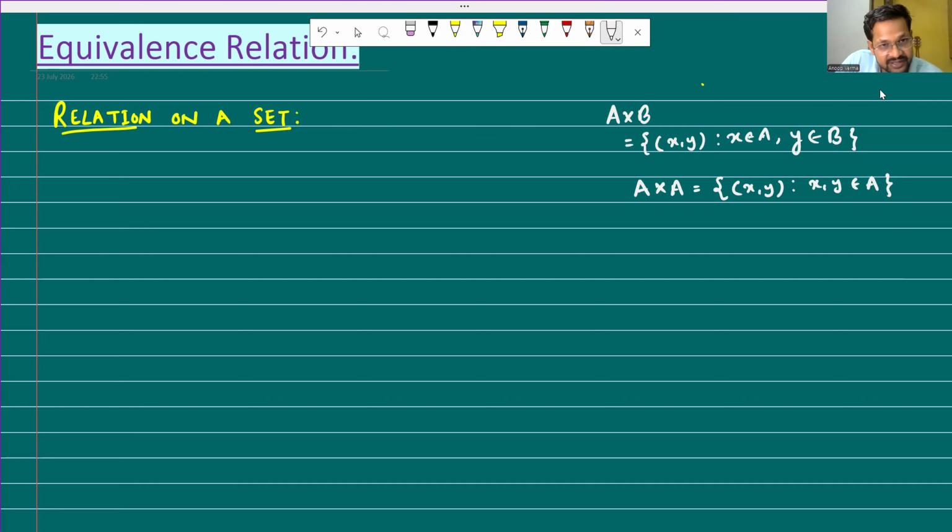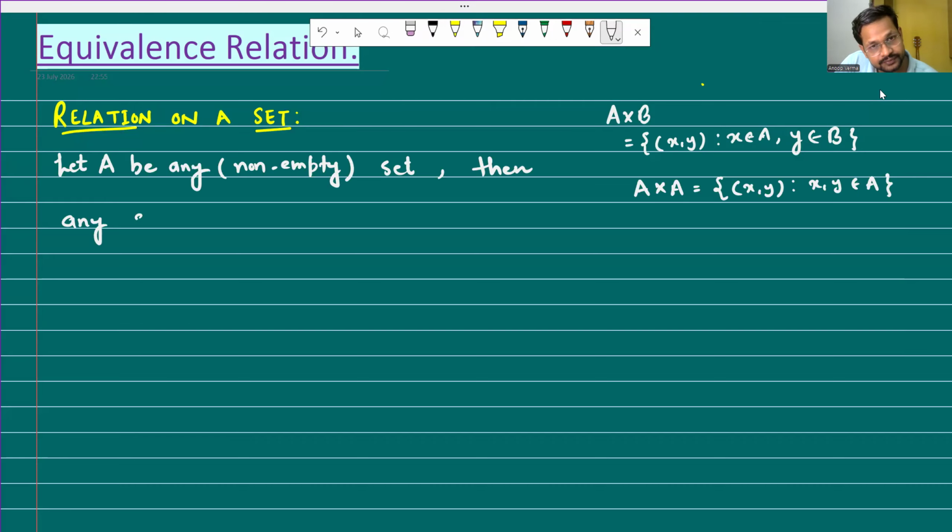Let A be any non-empty set. Then any subset of the Cartesian product A cross A is called a relation on set A. So this is basically a subset.